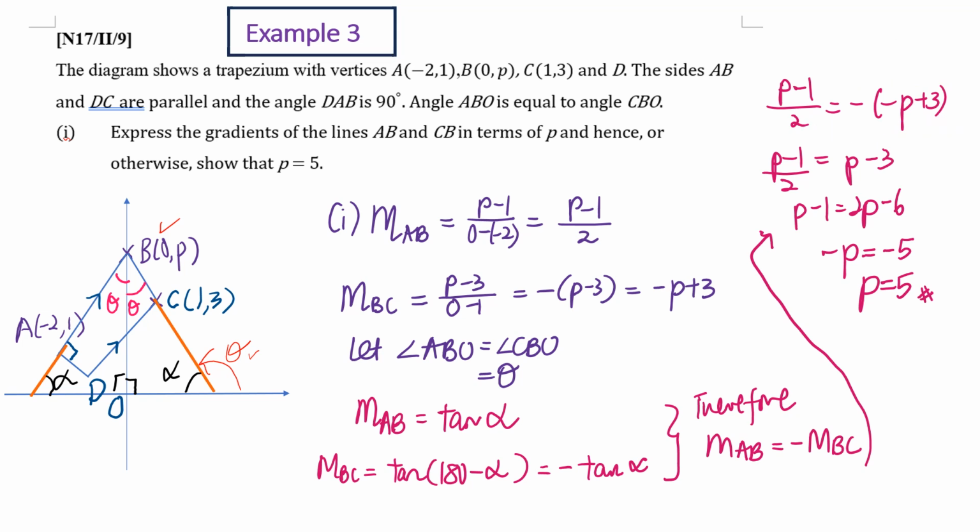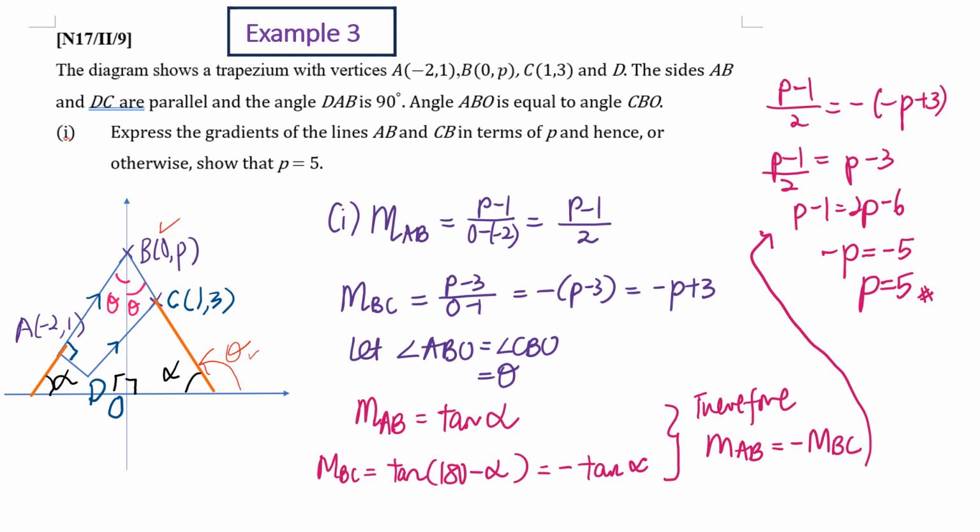Right. So from there, we can form an equation, where we let the gradient of AB equal to negative the gradient of BC. And we can find that P is equal to 5. So in this example here, this is the most challenging problem involving the concept of m equals tangent theta.